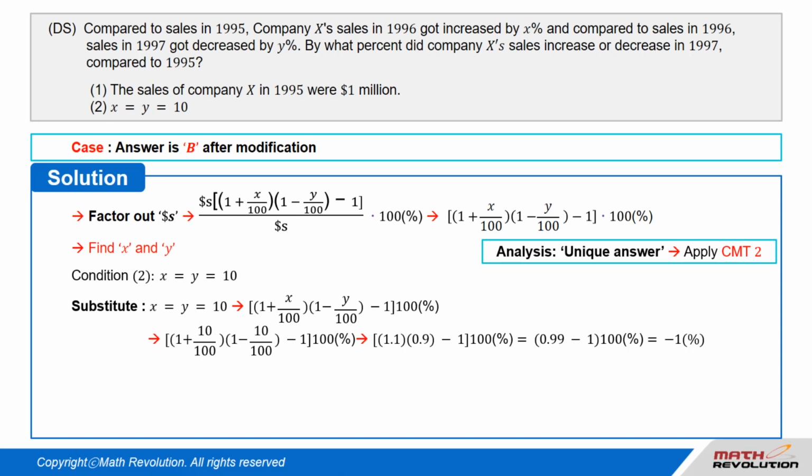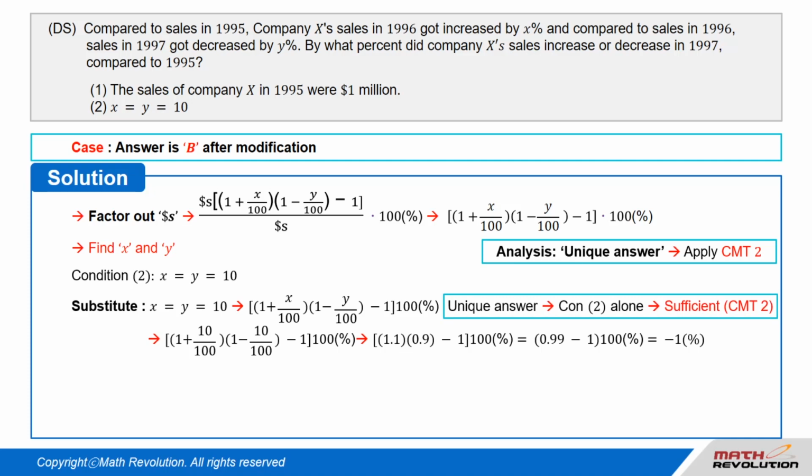Substituting this into 1 plus X over 100 times 1 minus Y over 100 minus 1 times 100%, we get percent change is equal to 1 plus 10 over 100 times 1 minus 10 over 100 minus 1 times 100%, which is 1.1 times 0.9 minus 1 times 100%, which equals 0.99 minus 1 times 100%, which equals negative 1%. The answer is unique, so the condition is sufficient by CMT 2, which means that the number of answers must be 1.